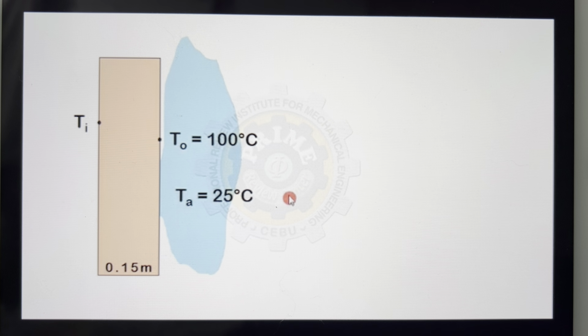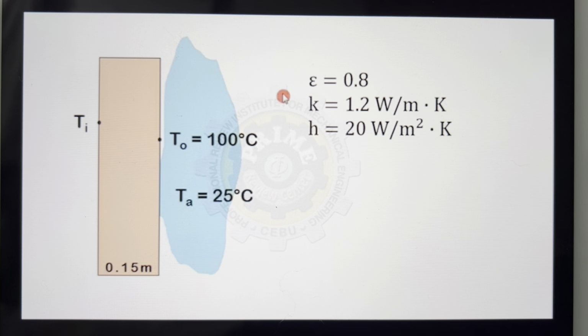So given yung outside surface temperature, which is equal to 100 degrees Celsius, then given din yung ambient air temperature, which is 25 degrees Celsius. Okay, so given din yung following, emissivity, that is equal to 0.8, thermal conductivity ng brick wall, that is 1.2 watts per meter Kelvin, then given din yung film coefficient, which is equal to 20 watts per square meter Kelvin.